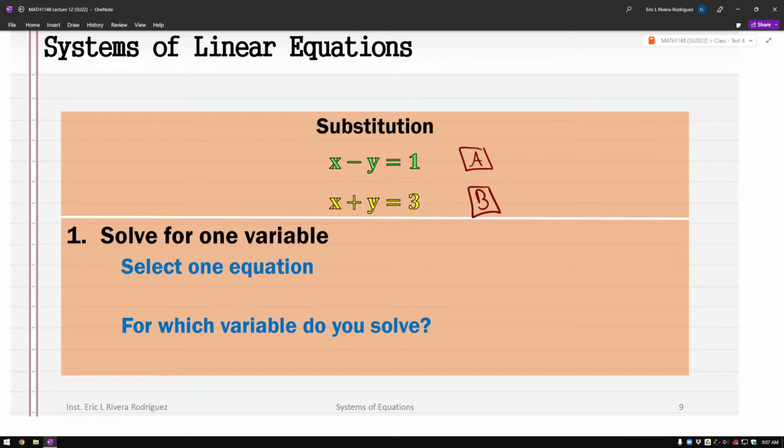It is very important that for each step you are confident and make sure that you are doing it correctly, because you will see that solving systems of linear equations sometimes gets very tedious and becomes a long process. So you don't want to miss any step.